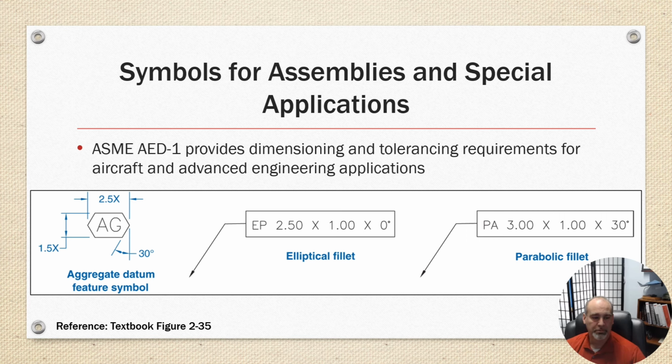And then there's the elliptical fillet, which is EP, followed by the ellipse size. And then there's a parabolic fillet, PA, which gives you 2 dimensions and how many degrees from 0 radians does it go.